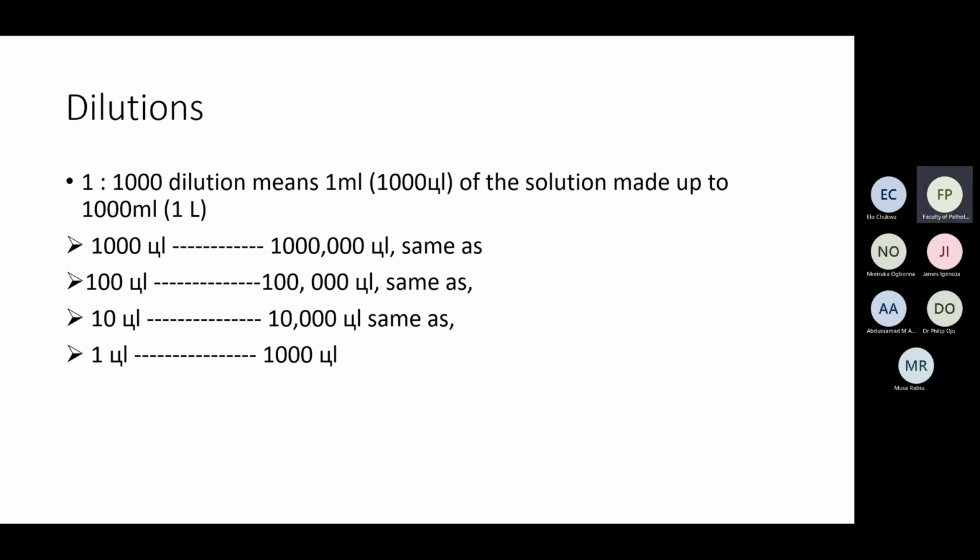Now, if you do your simple arithmetic, that would be 100 microliters into 100,000 microliters. That is also 10 microliters into 10,000 microliters. That is also 1 microliter into 1,000 microliters. So that is the dilution. That's how to work out the dilution.